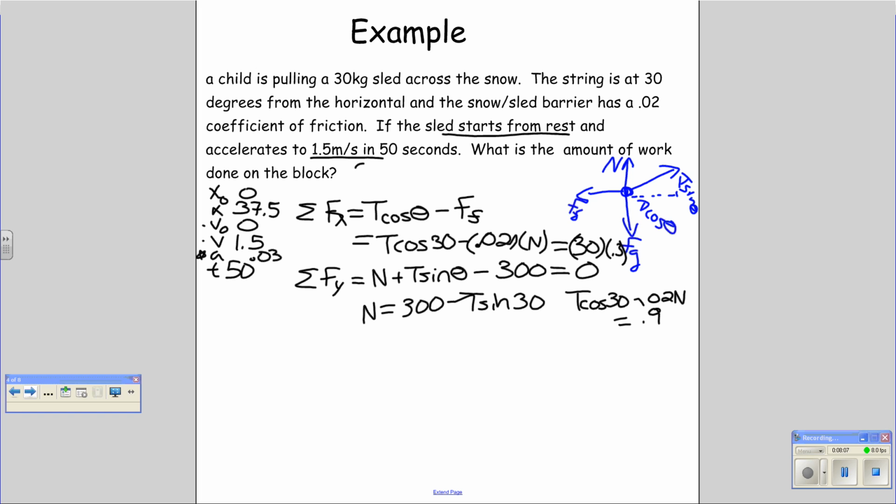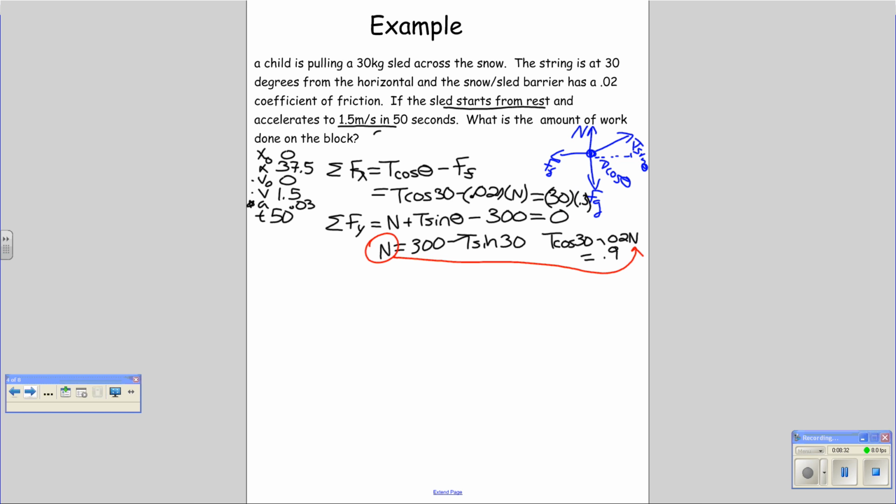Neither of these equations has only one unknown, but they both have the same two unknowns. And if you have two separate equations and two unknowns, you can solve for it. What you do is you take one of the variables, let's say the n in this case, and you plug it into the other equation.